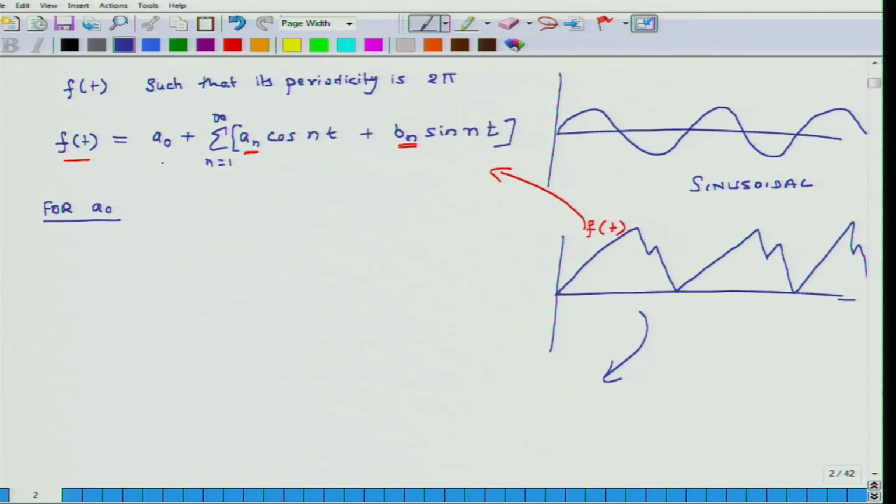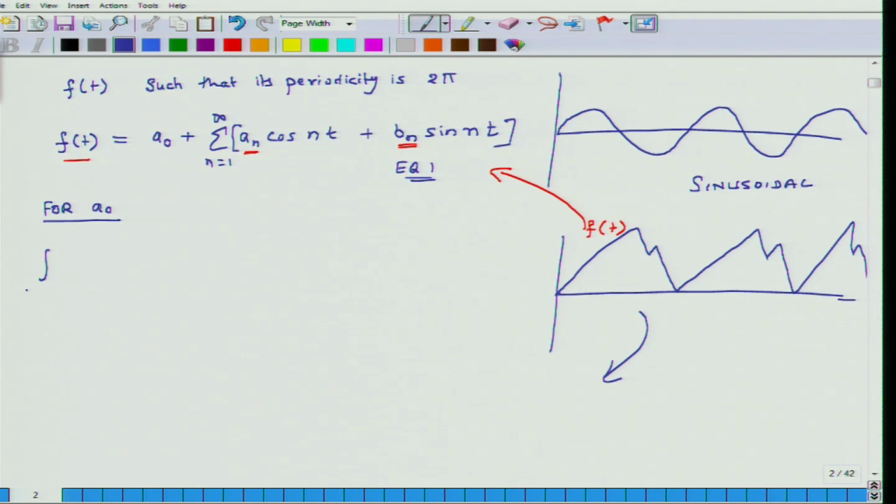Let's call this equation 1. We multiply both sides of equation 1 by dt and integrate between minus pi to pi, which is the period of the system.